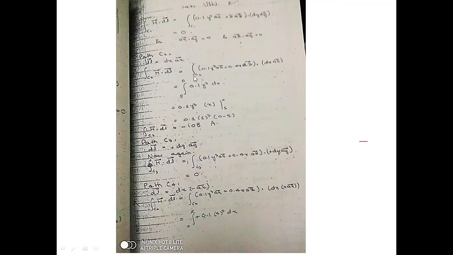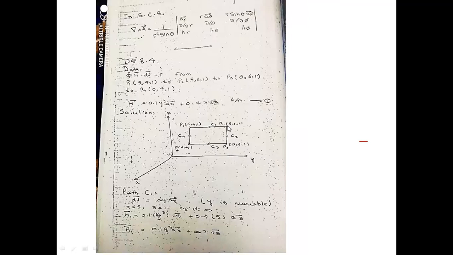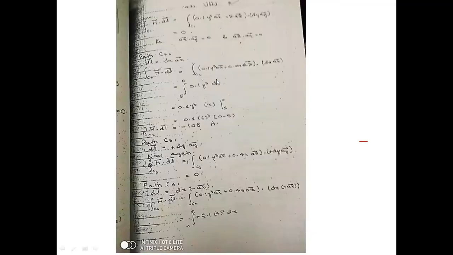Now path C2. Let's have a look at the figure again. x is varying, from 5 to 0, y is fixed at 6, z is fixed at 1. Those values which are fixed, we directly substitute, and for those which are varying, we have to apply the integration.